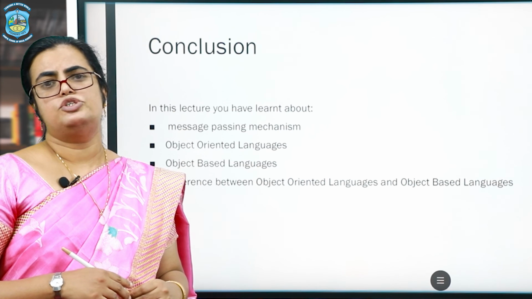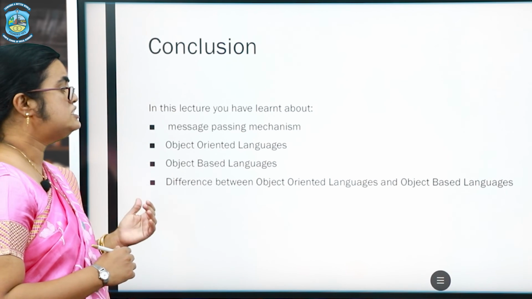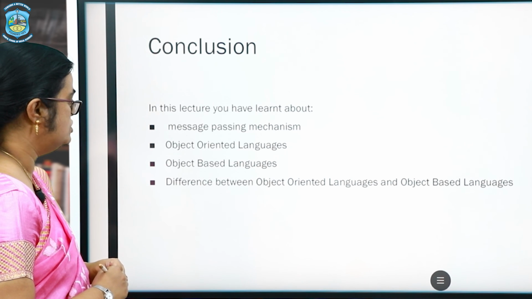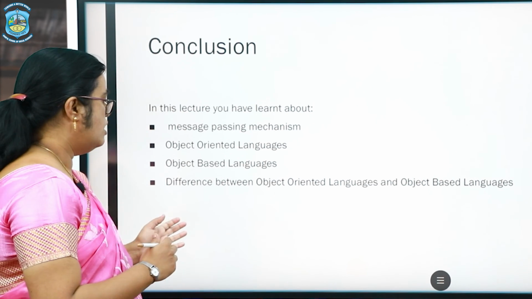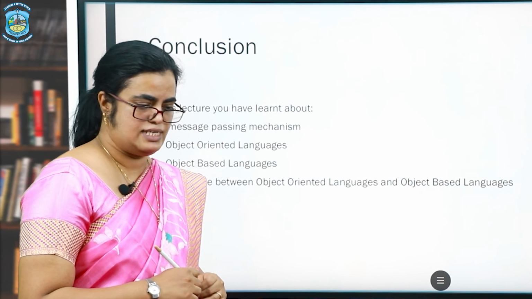So let me now come to the conclusion. In today's lecture, you have learnt about the message passing mechanism, object-oriented languages, object-based languages, and you have also seen how to differentiate between object-oriented languages and object-based languages.